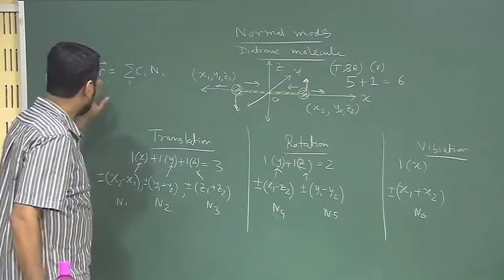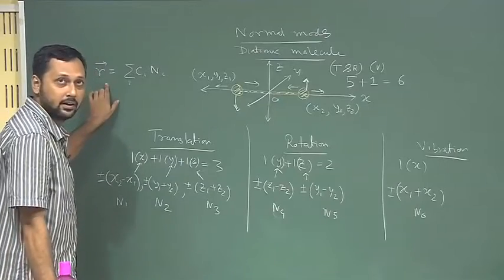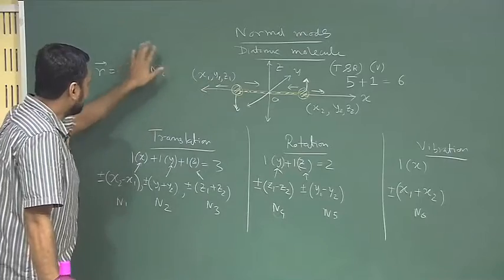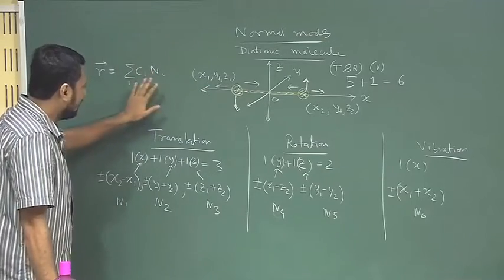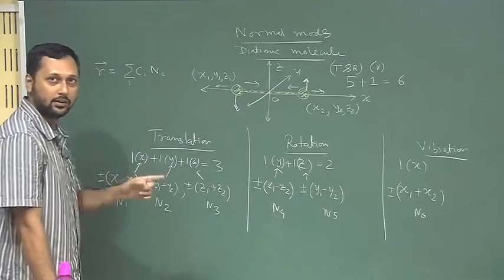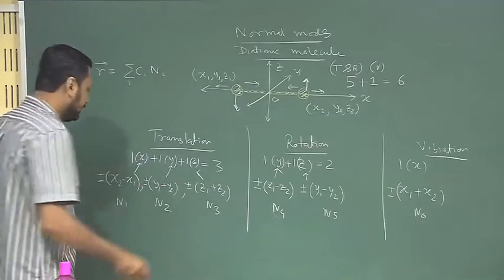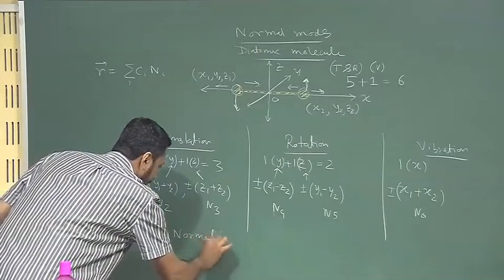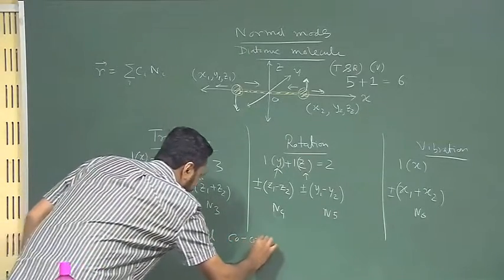So, any general displacement of this system can be written as a linear combination of these N1 to N6 coordinates, and these are your normal coordinates.